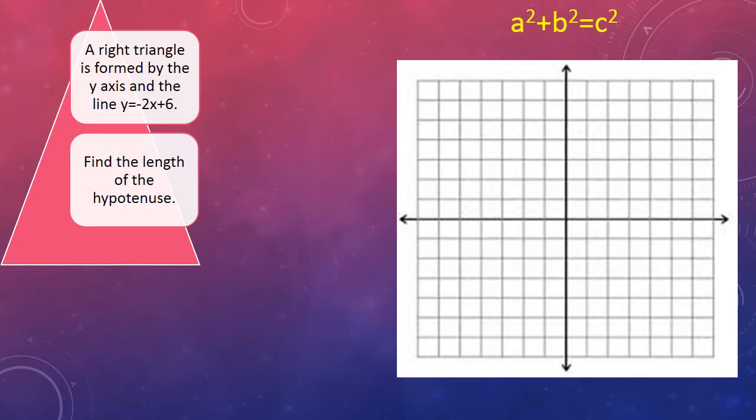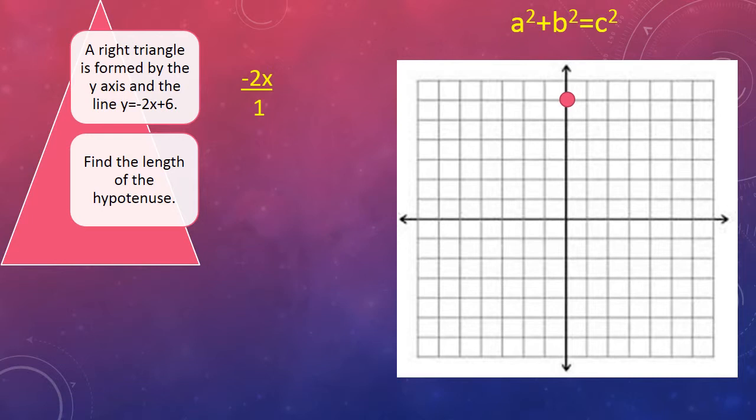Our next equation: a right triangle is formed by the y-axis and the line y equals negative 2x plus 6. Find the length of the hypotenuse. So I'm going to graph my y-intercept, which is 6, and then my slope is negative 2x over 1, because any number divided by 1 is just the number.